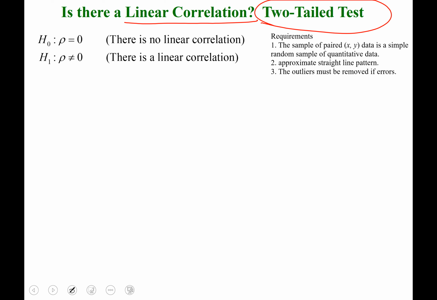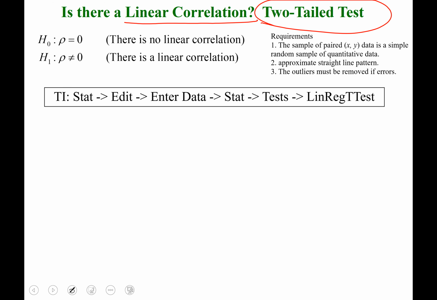Okay, requirements. The sample of paired XY data is a simple random sample of quantitative data. Approximate straight line patterns exist when you graph it, and the outliers must be removed if errors, okay? And if those requirements are met, we can use a new program.